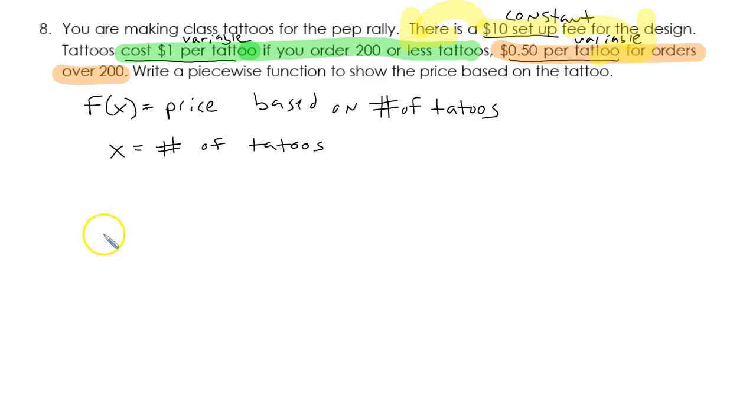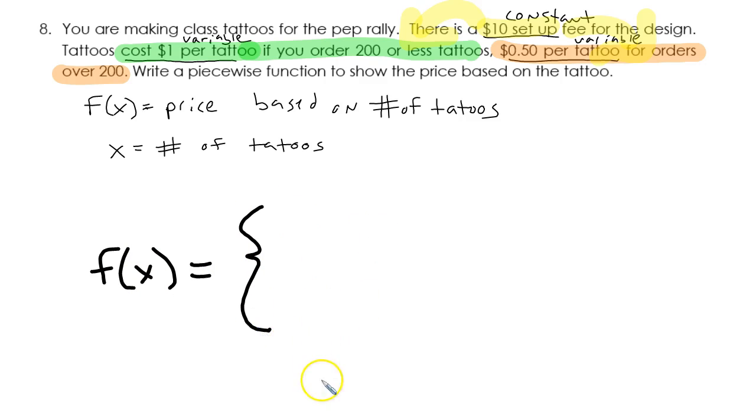So again, we're going to create a piecewise function by saying f of x equals, and we need a brace. This is going to have to be big enough for 2 different types of orders. Okay, f of x is the price based on the number of tattoos, where x is the number of tattoos.